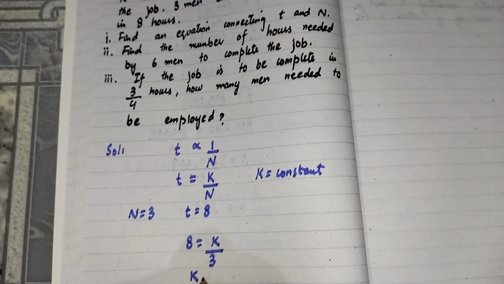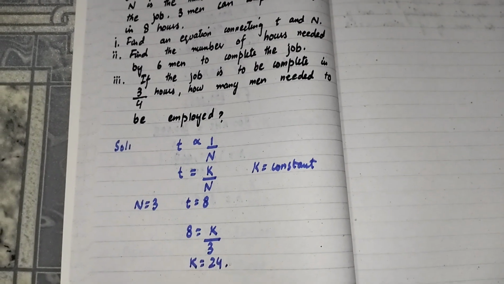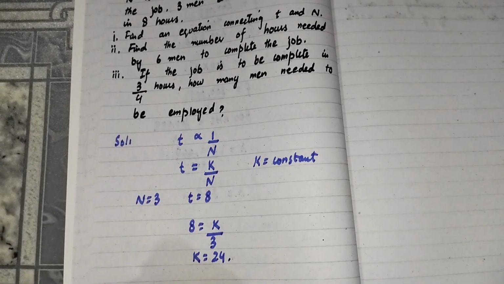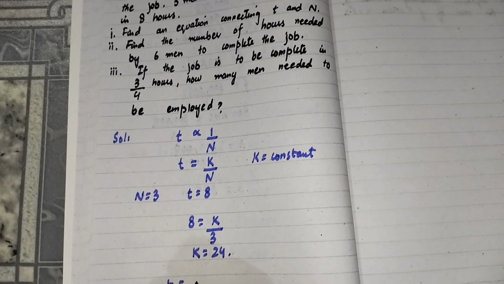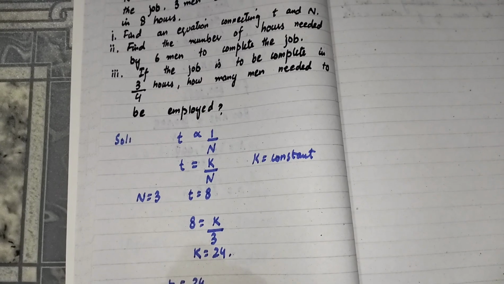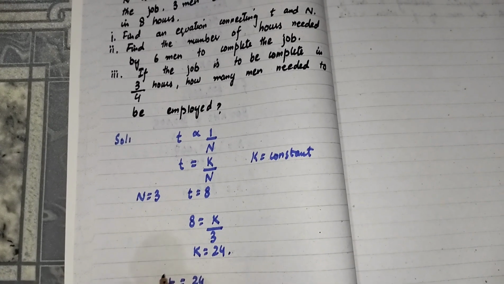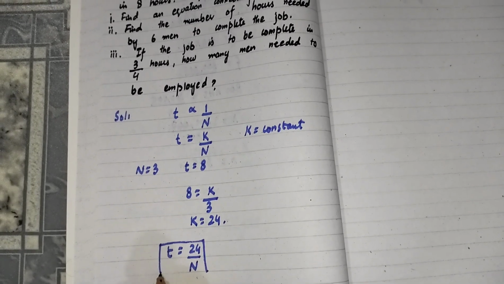So the value of k will be 8 threes are 24. So the equation will be t is equal to 24 upon n. This is the equation which is connecting t and n.